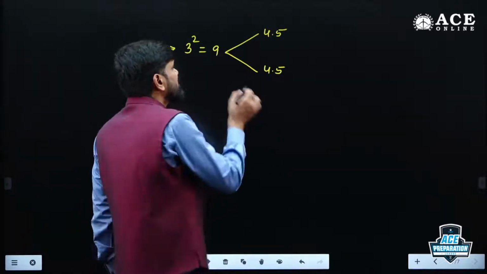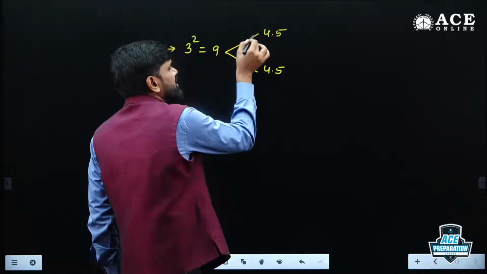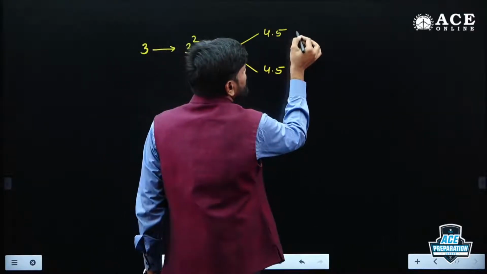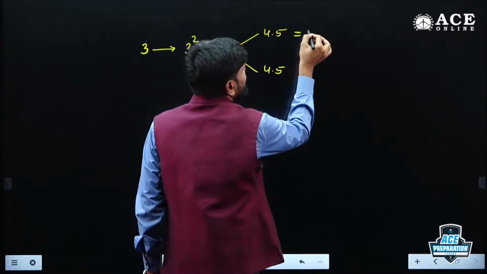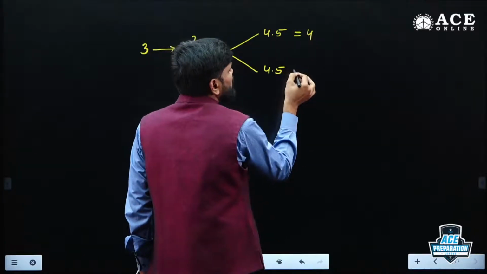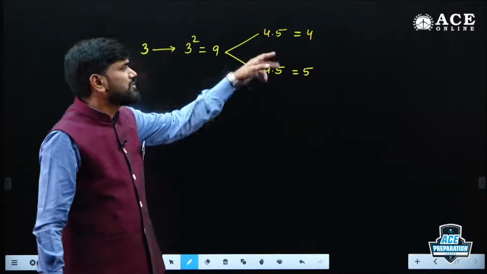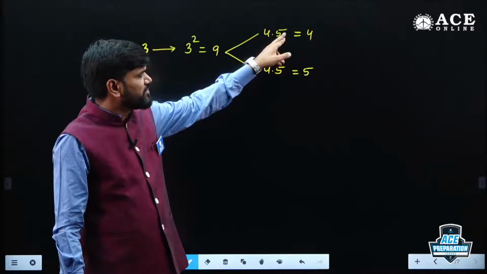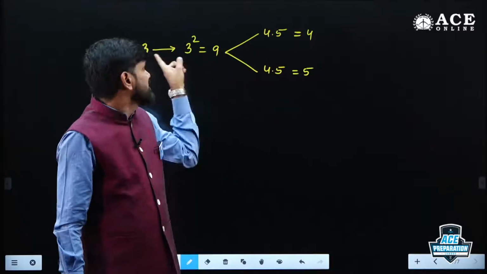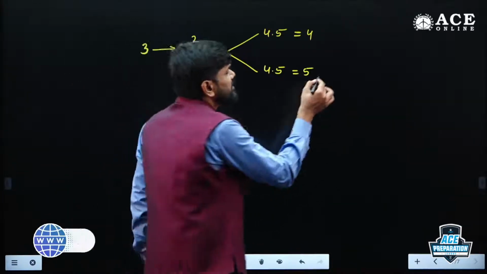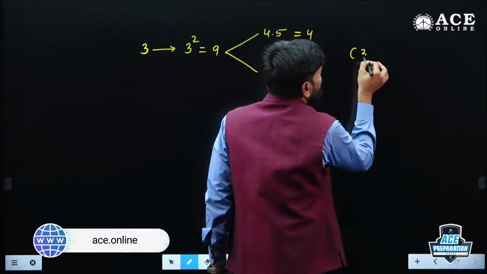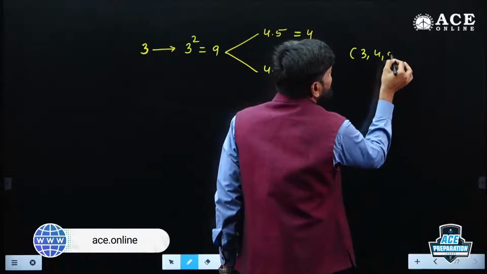To find that, square the prime number and take half of it. You will get decimals. You remove 0.5 from one and add that 0.5 to the other, making these two round figures. That set of numbers will now become a Pythagorean triplet. So 3, 4, 5 is a Pythagorean triplet.